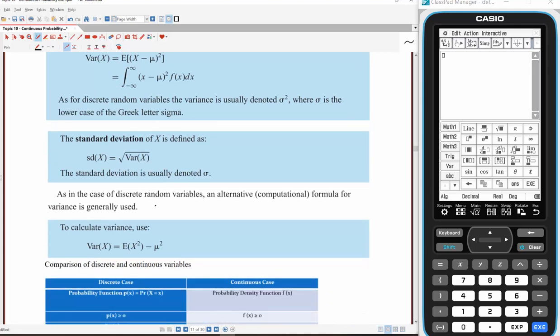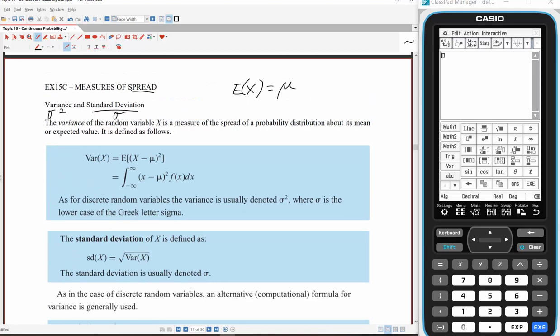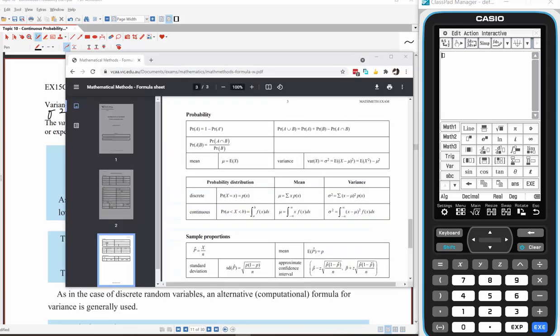Now, as is the case with discrete random variables, we use this computational formula for variance. The formula sheet might have something like this on it. In fact, I'll pause this video and bring it up. Alright, here is the methods formula sheet, and here's continuous probability. This is how we found the mean, which we used last lesson, and this is how we will find the variance.